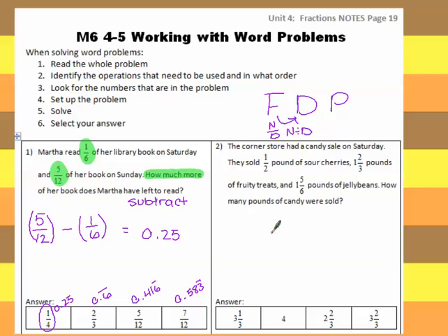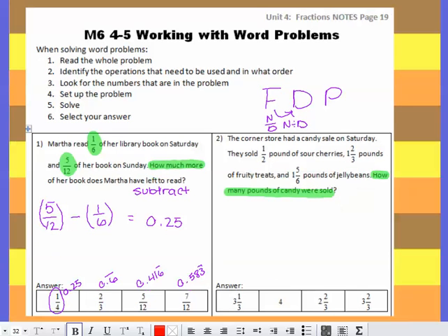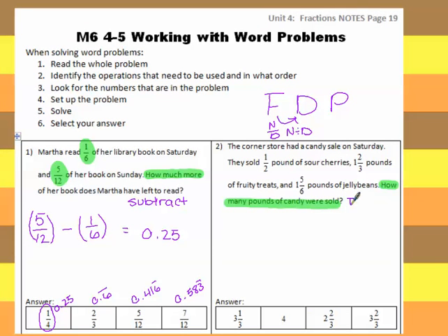Now, if we look at number 2, the corner store had a candy sale on Saturday. They sold 1/2 pound of sour cherries, 1 2/3 pounds of fruity treats, and 1 5/6 pounds of jelly beans. How many pounds of candy were sold? Now it's asking how many pounds were sold, and if we think about that, it's asking us about the total sold.